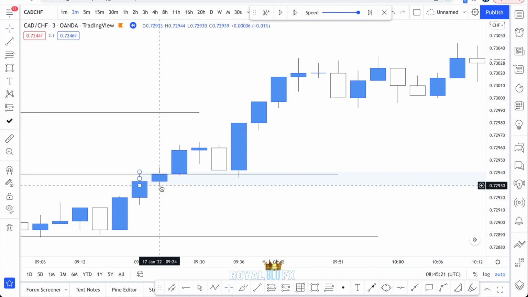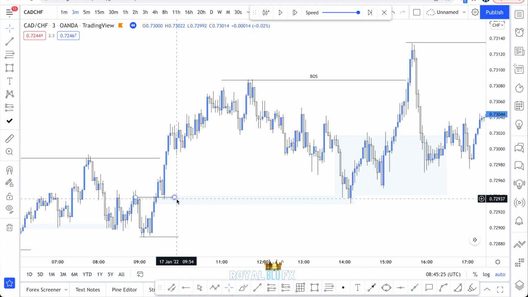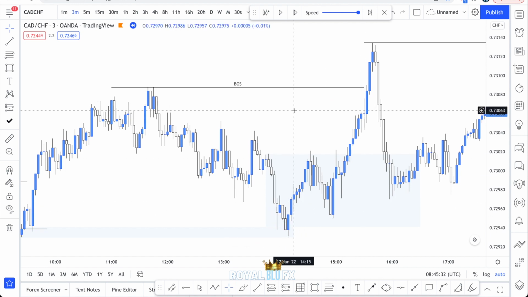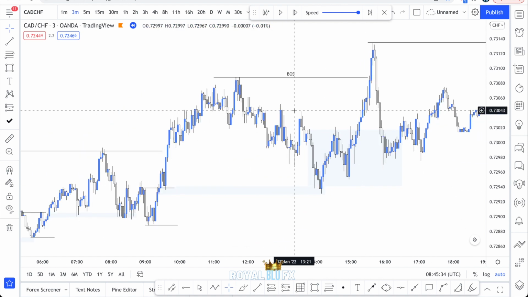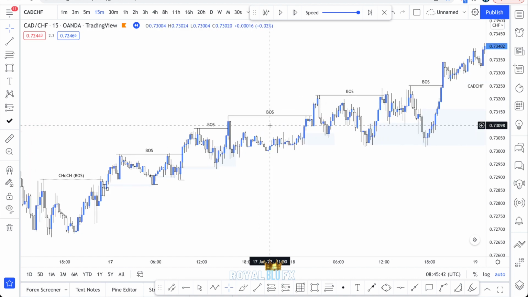And as you see, that wick right there played a huge part in this trade. Look at what happened here. Price definitely touched that wick before price shot back up. So that would be considered our last down candle before the uptrend. Very easy, right? Let's continue looking at others here.